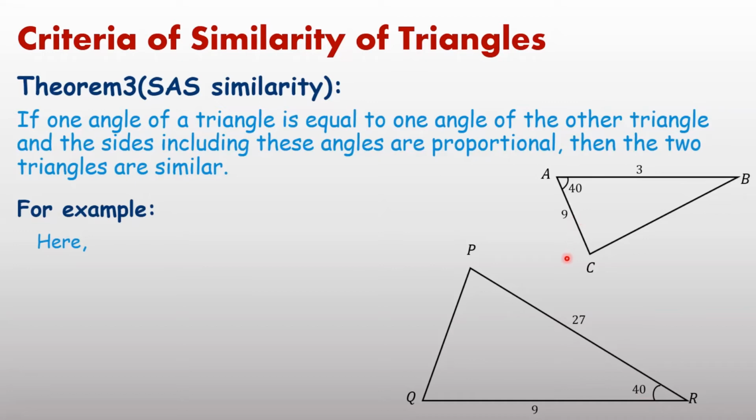It implies corresponding sides: you can see here AB upon QR equals 1 upon 3, and AC upon PR again 1 upon 3. It implies the ratio of corresponding sides is 1 upon 3. AB upon RP equals AC upon RQ equals 1 upon 3. And angle A equals R equals 40 degrees. The angle is between these two sides AB and AC, angle A. Between RP and RQ, angle R.